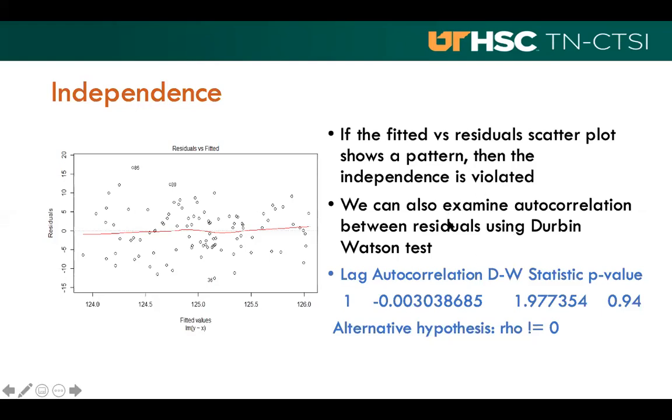In our case, looking at the association between the x variable and the y variable, the p-value is 0.94, which is greater than 0.05. And so there is no autocorrelation between the residuals. So the independence assumption of the residuals holds, and we can use the linear regression analysis.